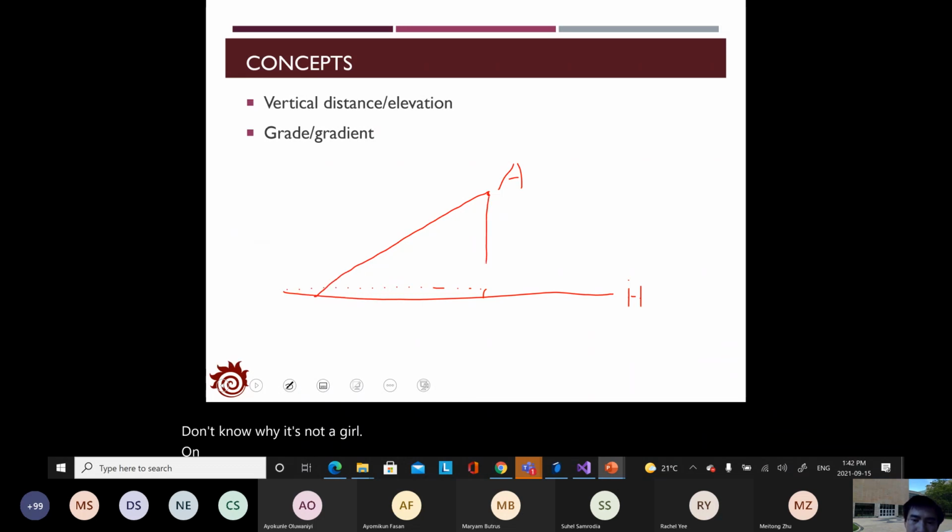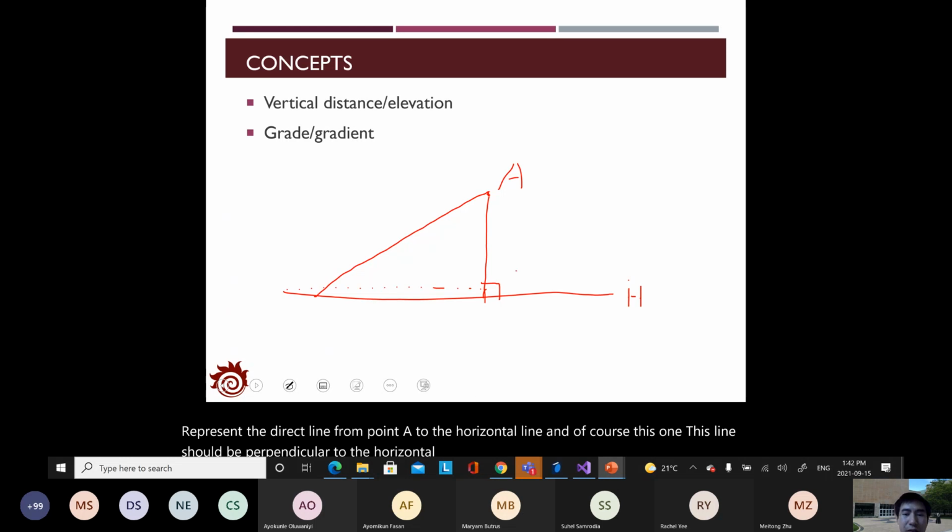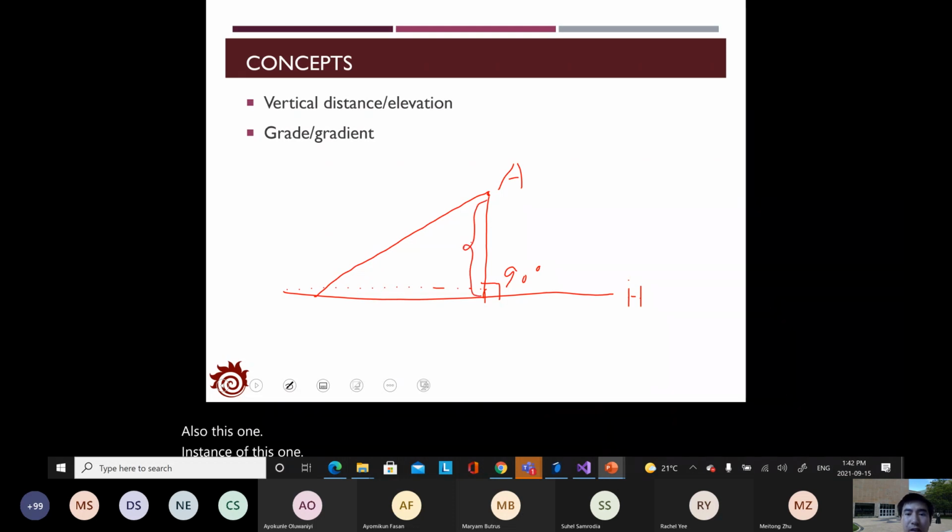The vertical distance represents the direct line from point A to the horizontal line, and of course this line should be perpendicular to the horizontal line, so the angle is 90 degrees. The distance of this line is called the vertical distance.